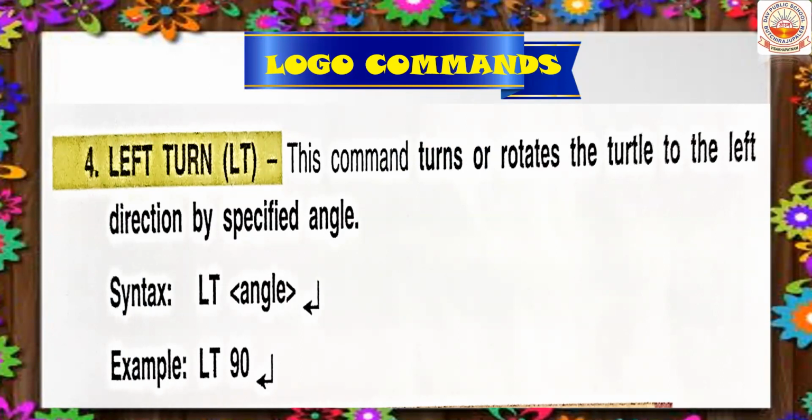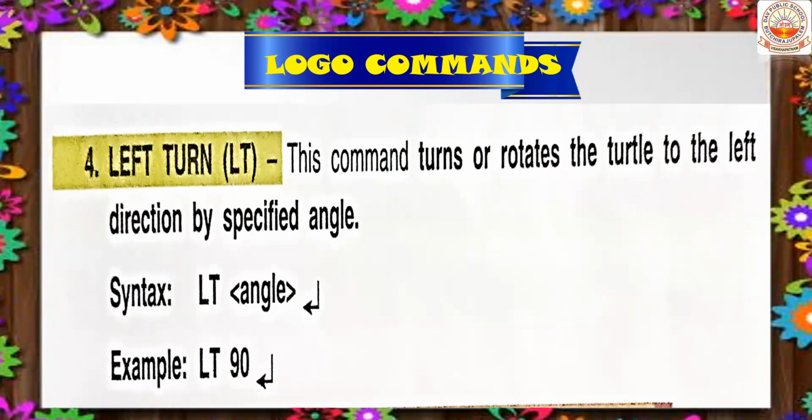Okay, children. So what you have learned in this class today: you have learned how to move the turtle in the forward direction by using the FD command, that is forward. Then you have learned how to move the turtle in the backward direction by using the BK command, that is backward.